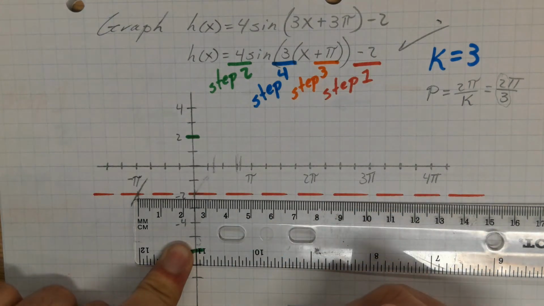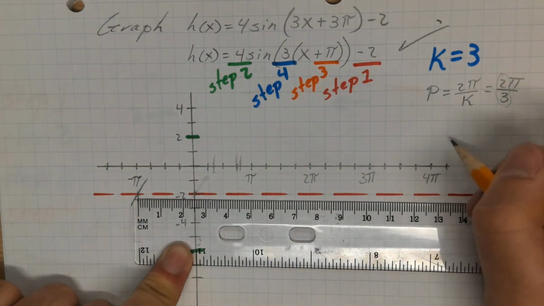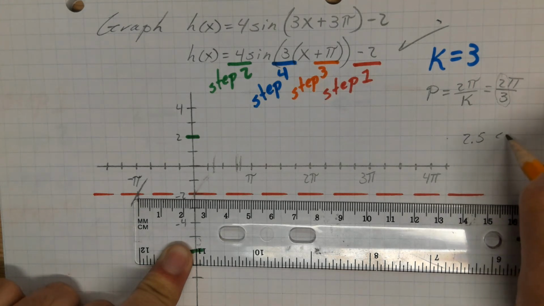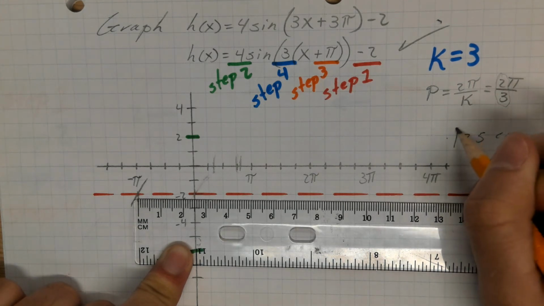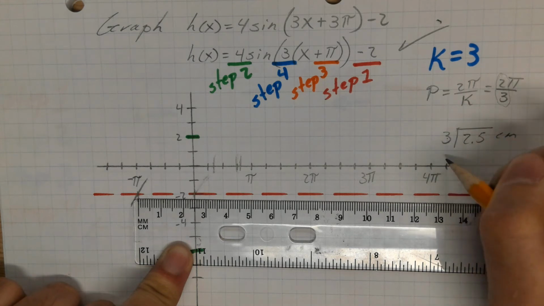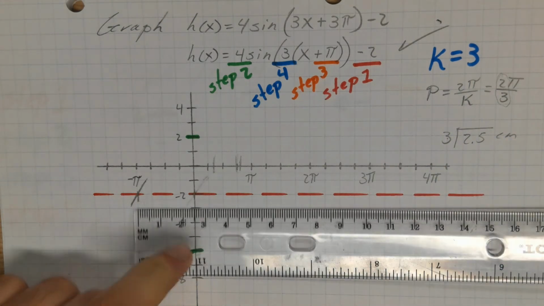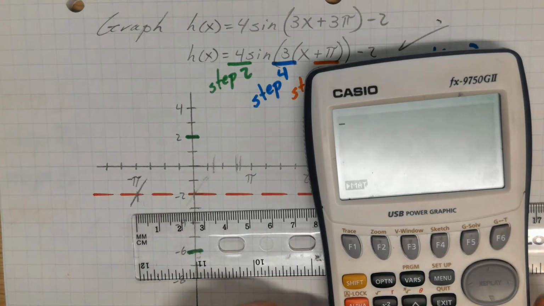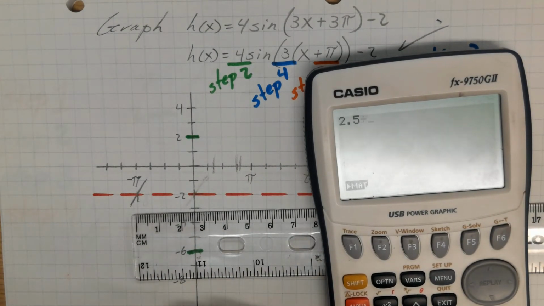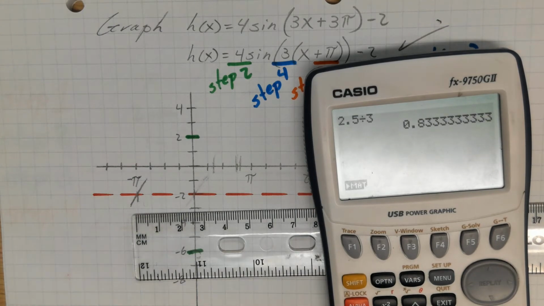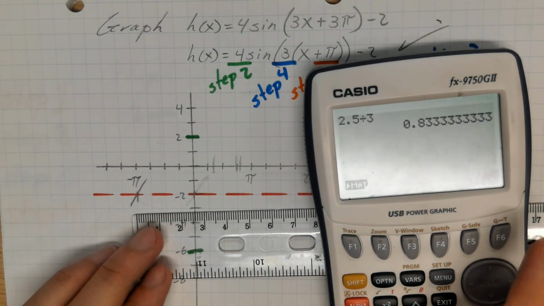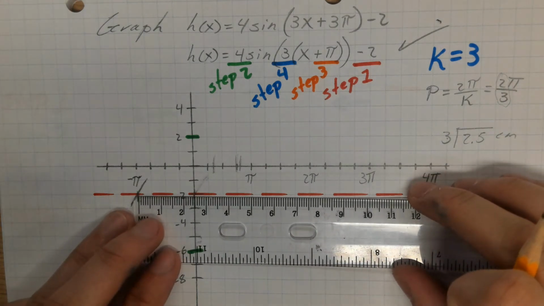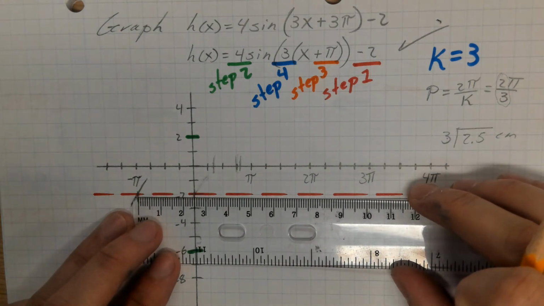I actually have 2.5 centimeters. I want a third of that, so I can just divide this by 3, and 2.5 divided by 3 gives me about 0.8. So about 0.8 centimeters will actually be a third of pi.